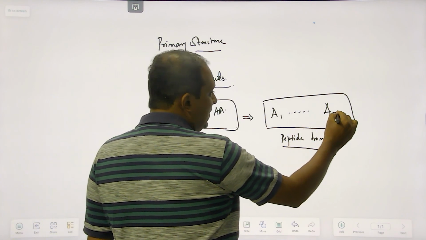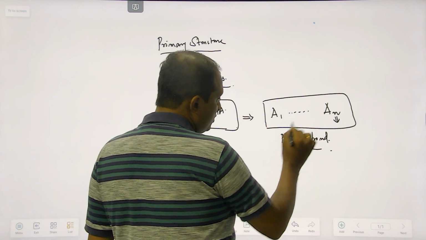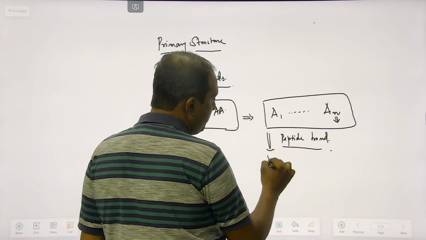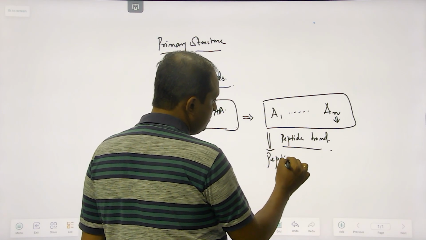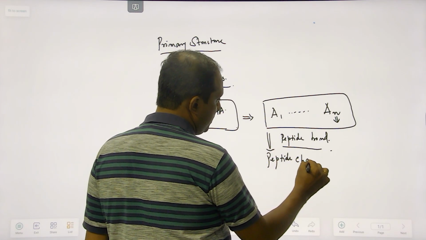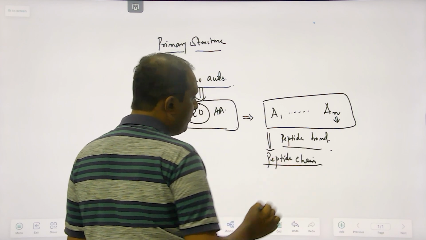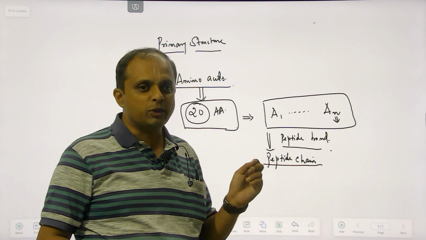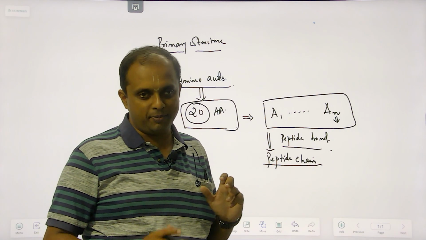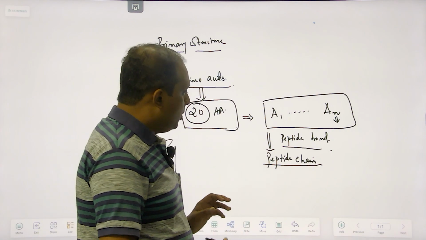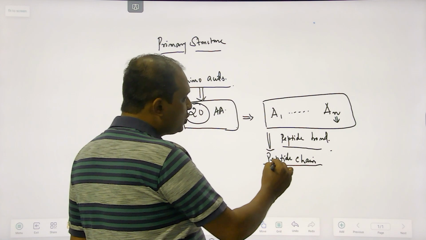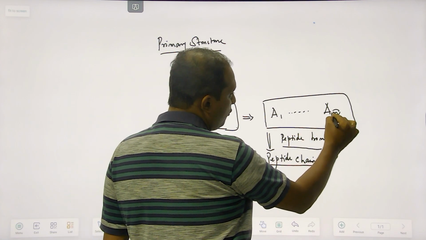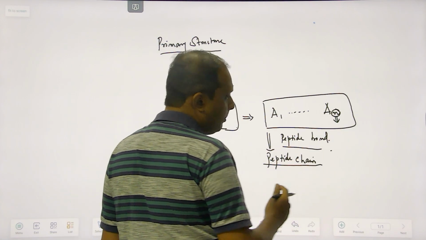Now this length is what is called a peptide chain. It is easy to remember why it is called a peptide chain: because it is a chain of amino acids linked by peptide bonds, hence it is called a peptide chain. Here the length of the peptide chain, the value of this N, will vary from protein to protein.